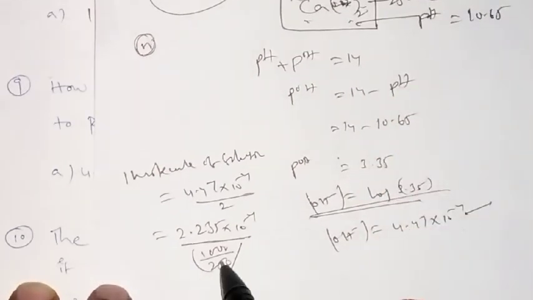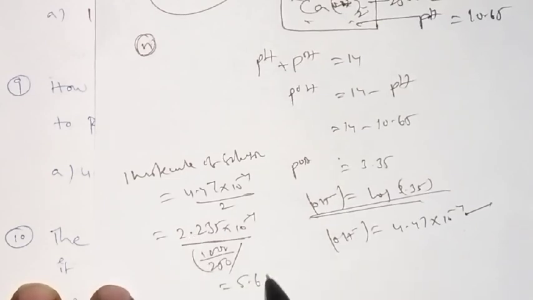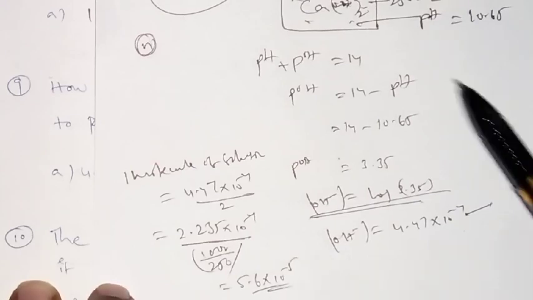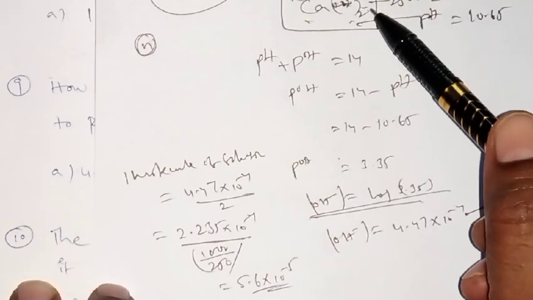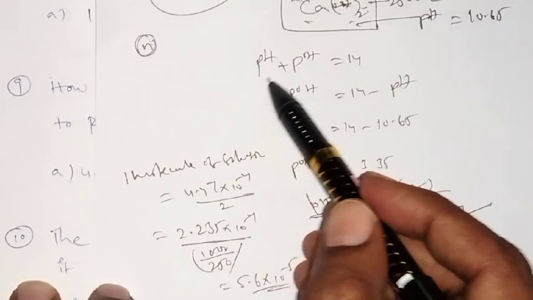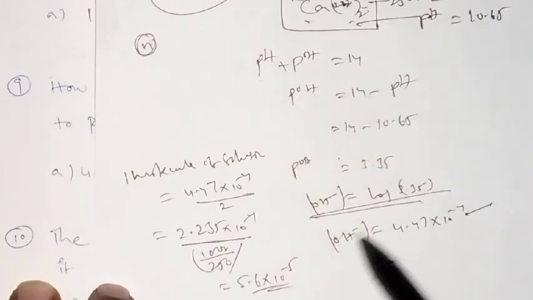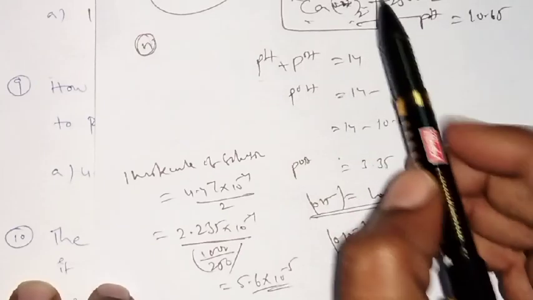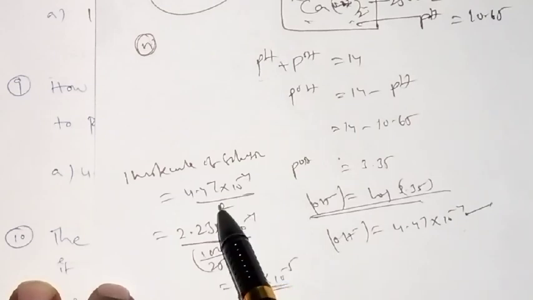If you simplify, you'll get 5.6 into 10 power minus 5. Is it clear? So very simple, 2 steps involved here. First, identify the OH minus as per the given pH value from the formula pH plus pOH equal to 14. Then get the OH minus. But in this, 2 OH minus are there, that is why divided by 2. Now this entire value is converted into the number of moles, because already 250 ml is given.